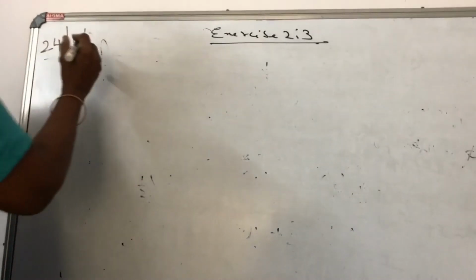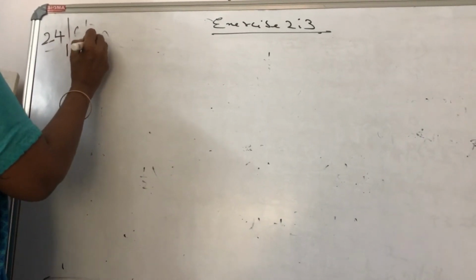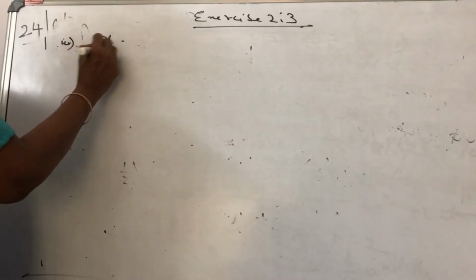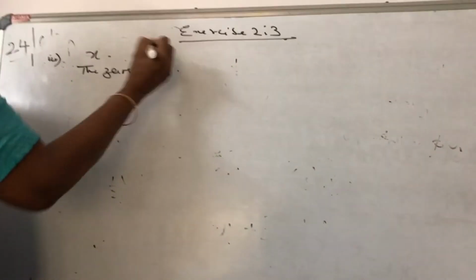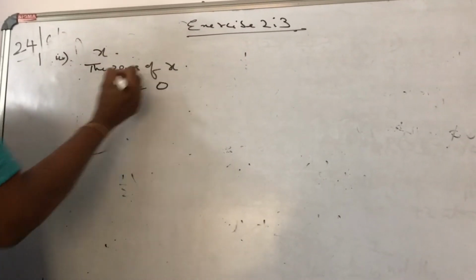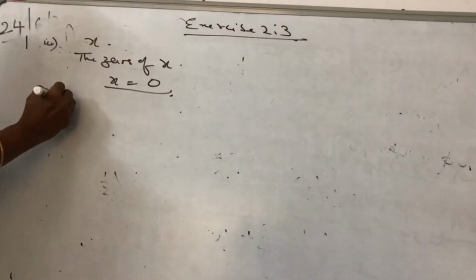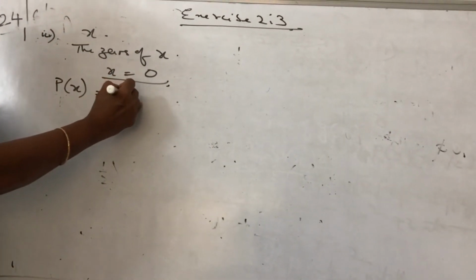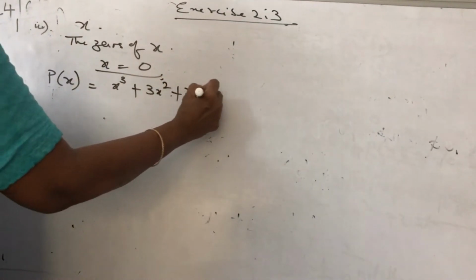The third bit, children. First Roman number, third bit. X. Your divisor is x. The zeros of x. The zeros of x means what? X is equal to 0. There is nothing more to solve. Your x value is equal to 0. What is your given polynomial? X cube plus 3x square plus 3x plus 1.